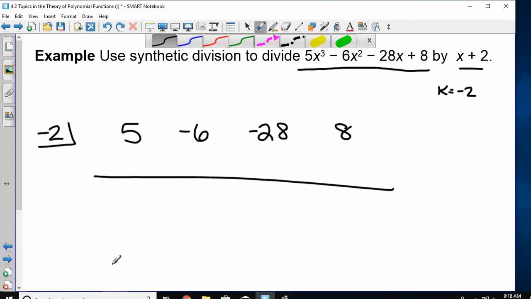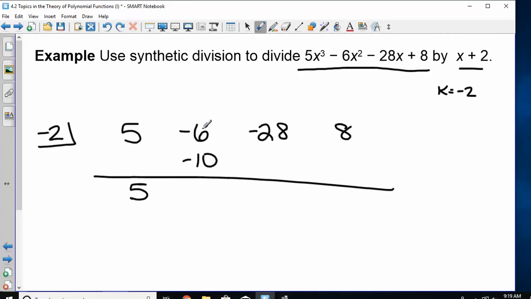So with synthetic, the very first step is the first number comes all the way down. So 5 drops down. Then it's just a series of multiply and add. So 5 times -2, -10. Add -6 plus -10, -16.